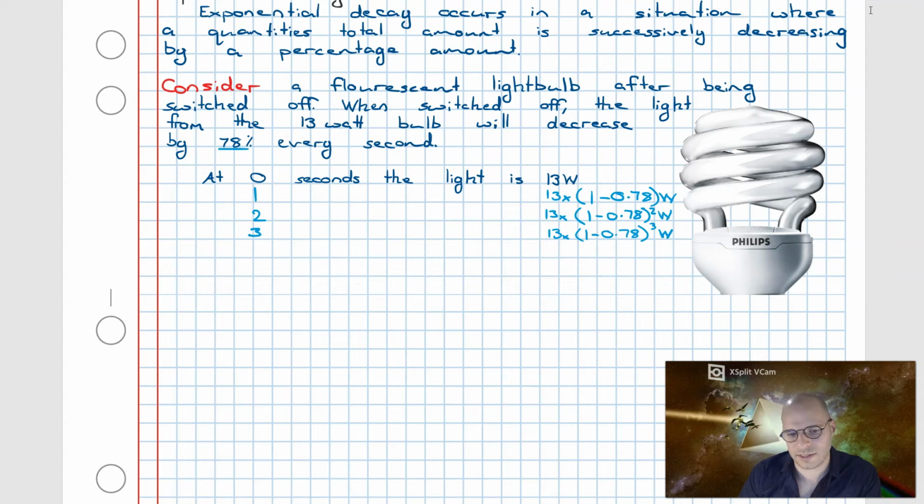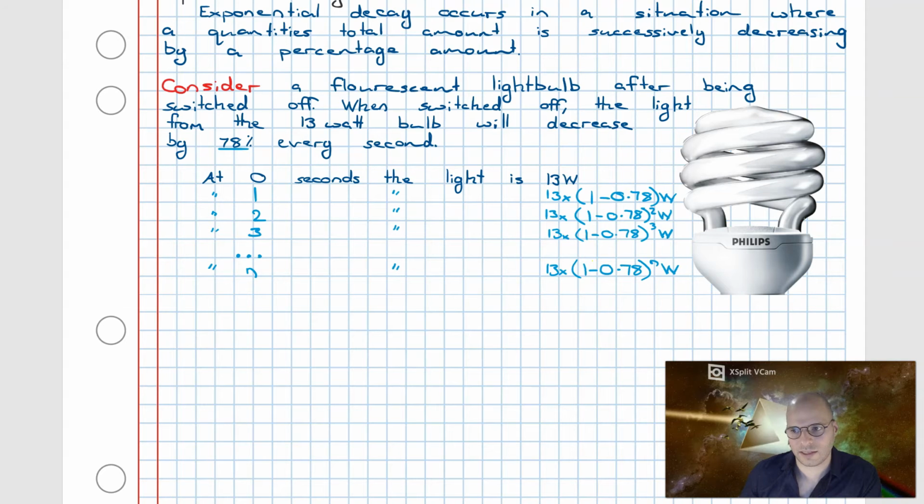So the pattern is, as the time goes on, the amount of decay is going to increase. Now, in an algebraic situation, at time equals n seconds, we're going to see a power output of 13 multiplied by 1 take 0.78 to the power of n watts.